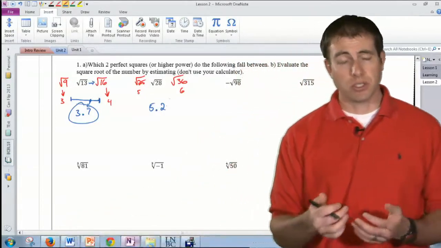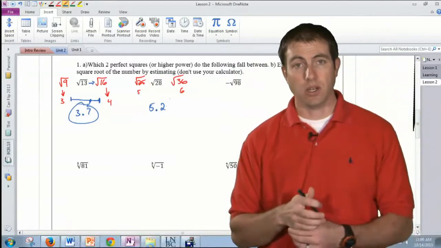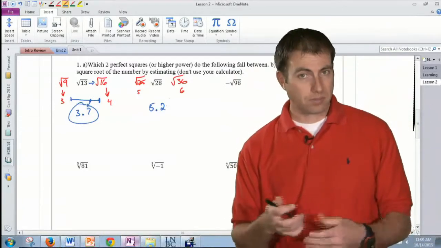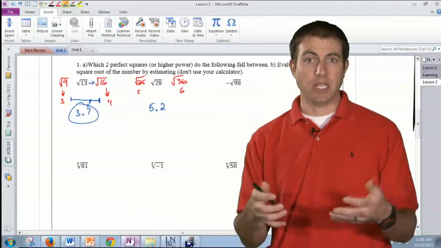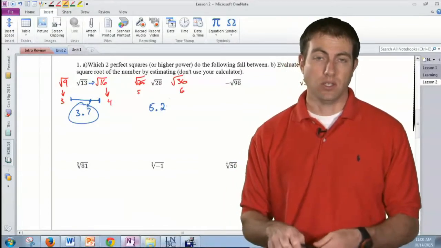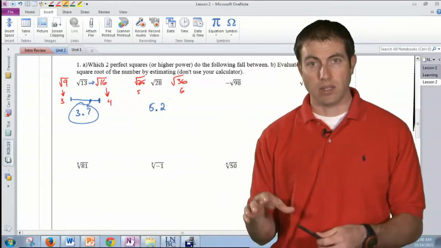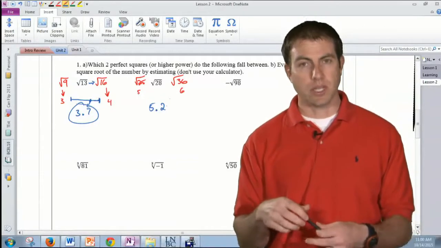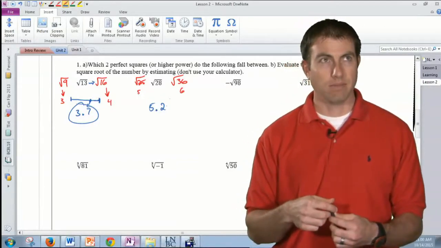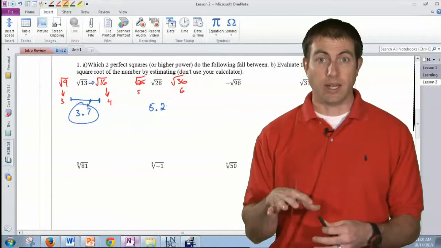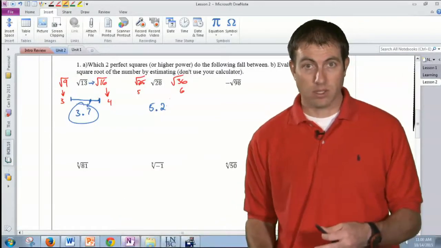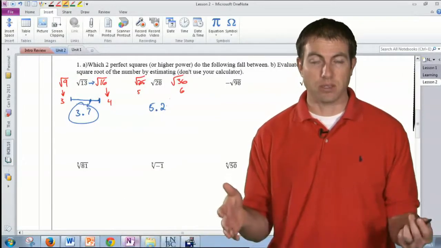There are sections on the provincial exam which will ask you to estimate, not using a calculator. So actually doing this estimation is important, because for the first, I think it's 20 questions on your provincial exam, maybe it's less, maybe 10, you have to keep your calculator on the ground, and you have about 30 minutes to complete that section.